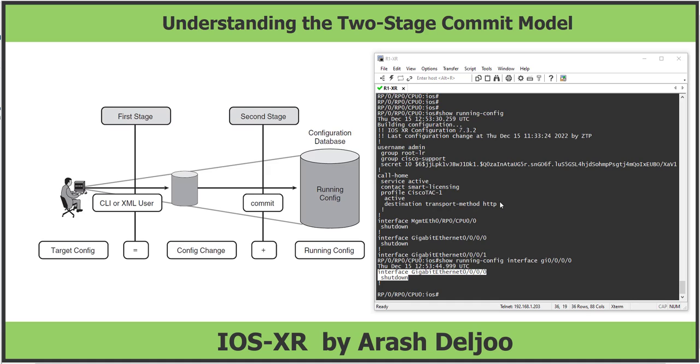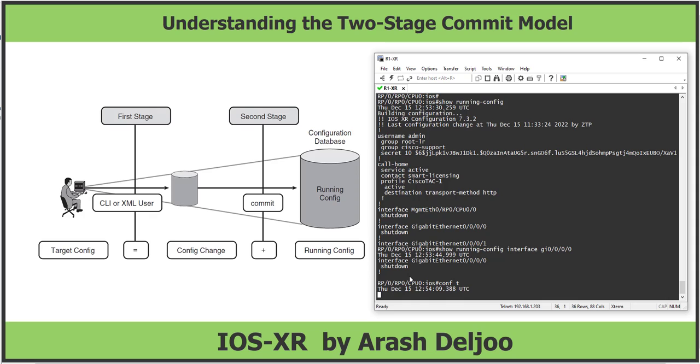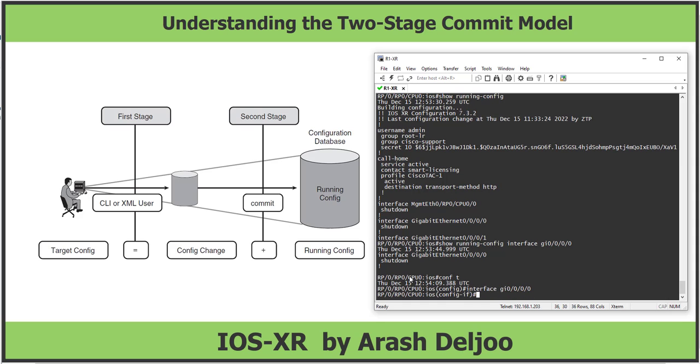With show running config, this is actually the running config that is now active in the router. But now I want to configure the interface with the no shutdown command. You know that here we need to go to global configuration mode and after that to interface GigabitEthernet 0/0/0/0. Now the target config equals the running config.